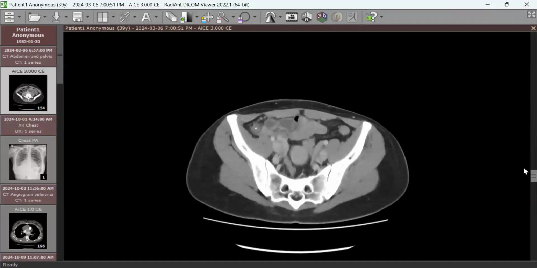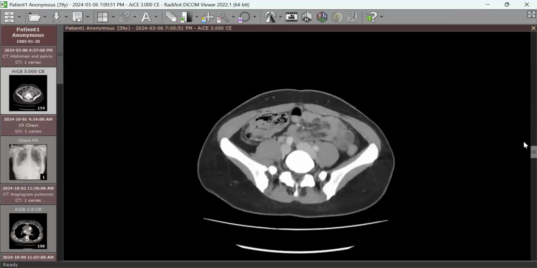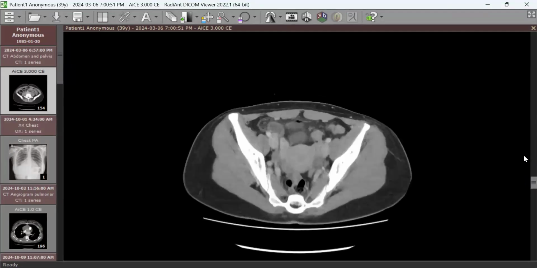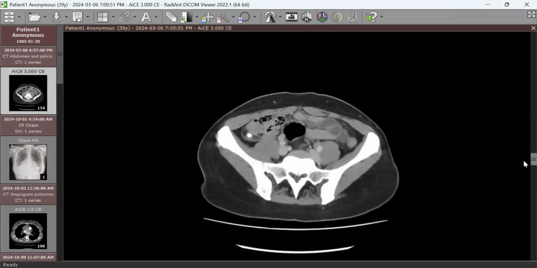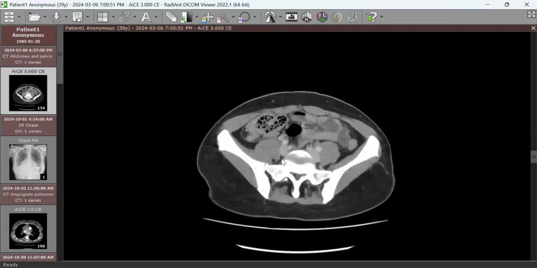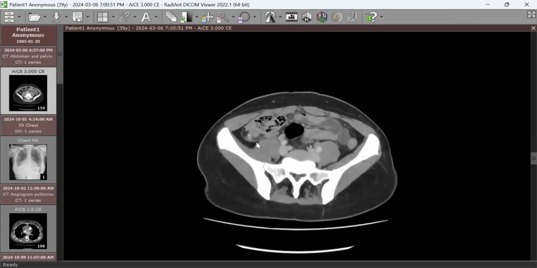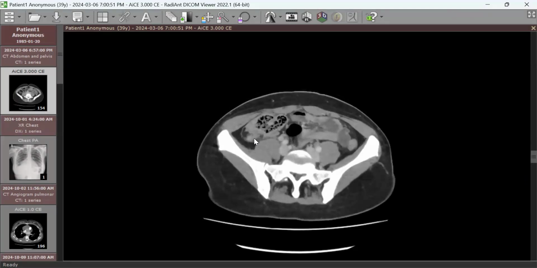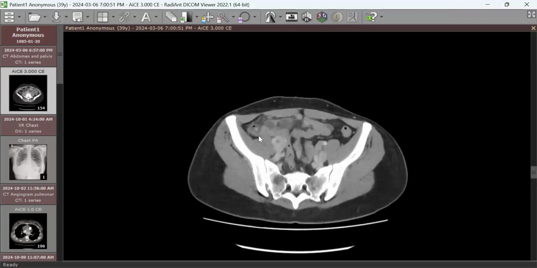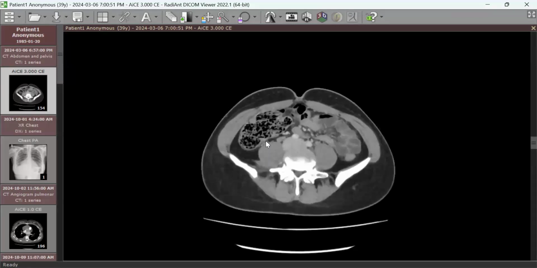Look at the right iliac fossa. Yes. I'll show you the structure here. There is a high density structure in the right iliac fossa, mostly in the appendix.